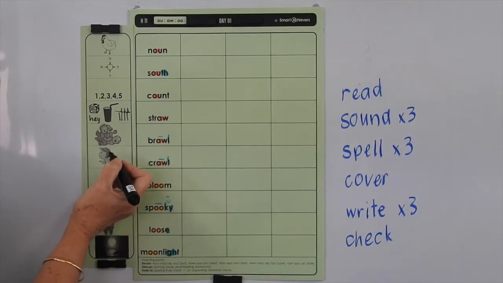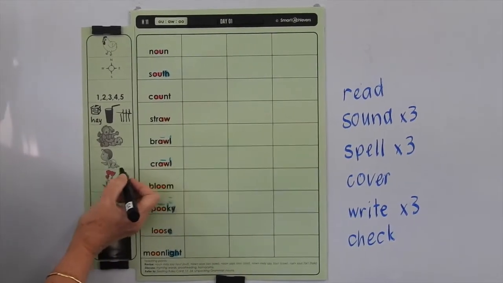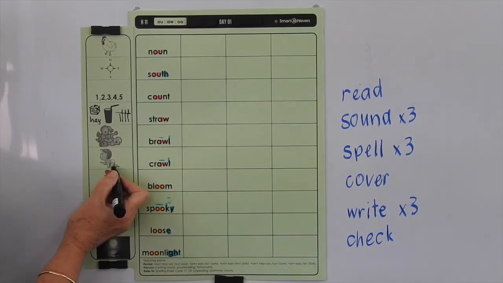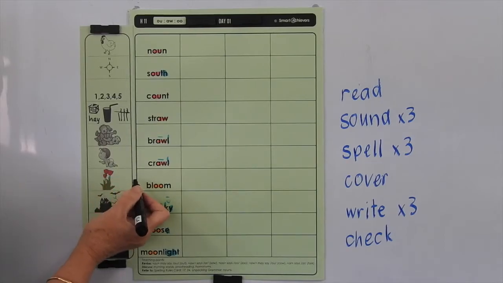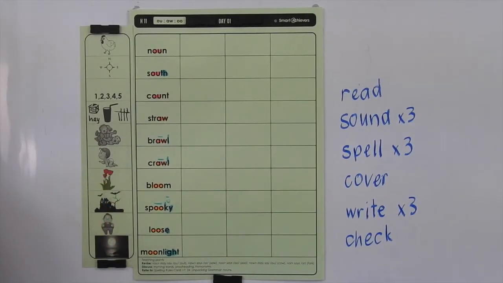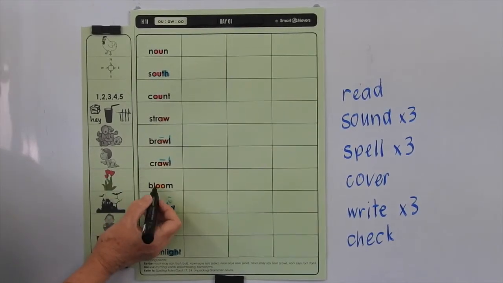We might have a physical fight with someone. Crawl is where you move across the floor or the ground on all 4 limbs, like your hands and your knees. And babies first crawl before they walk. Some animals crawl around too, especially spiders.